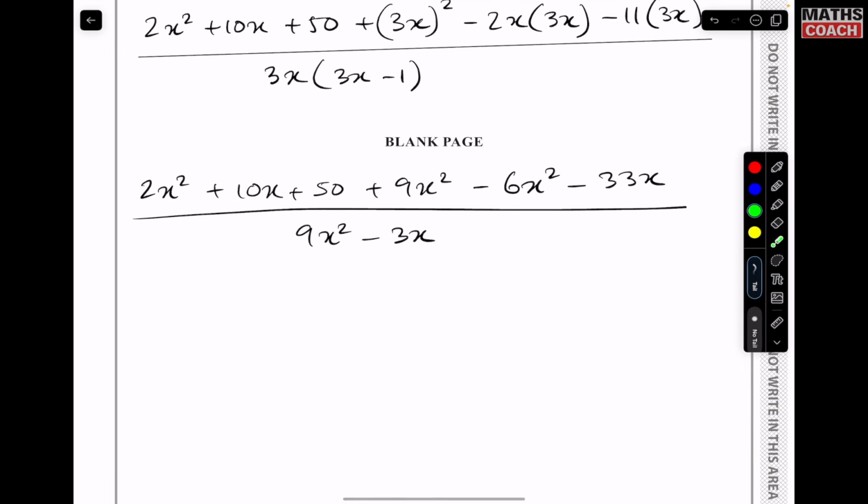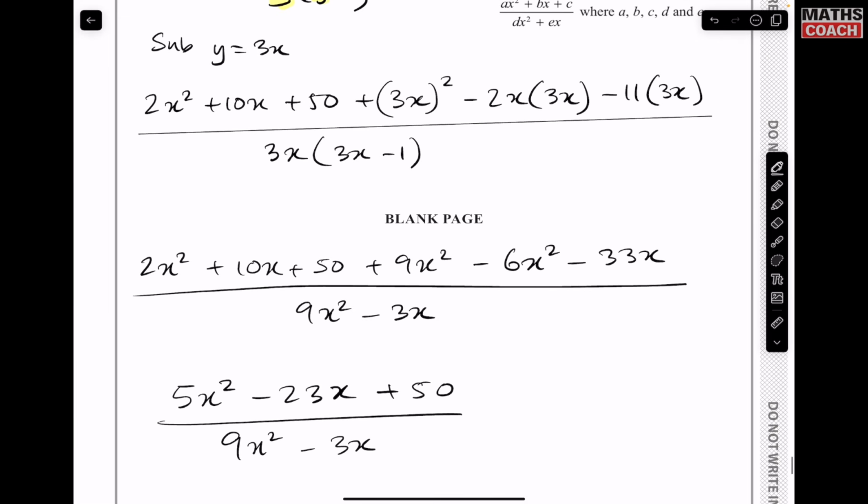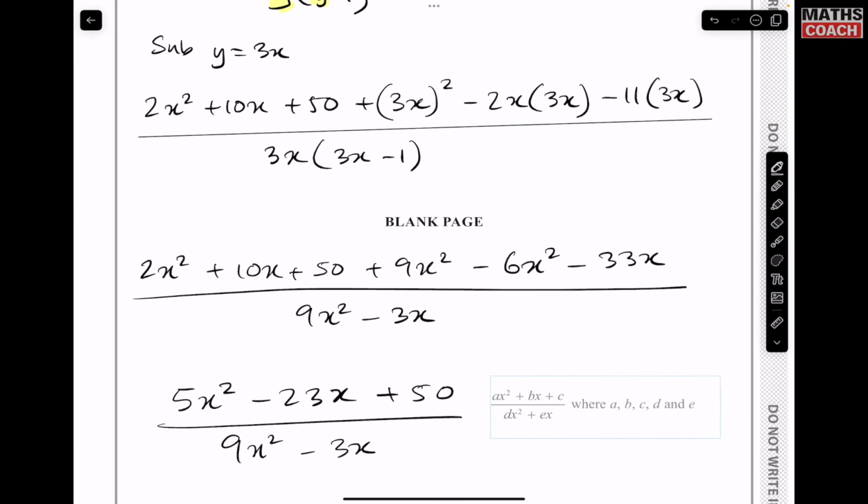So that's 11 minus 6, which is 5, so 5x squared, and then we've got 10 minus 33, which is minus 23, so minus 23x, and then we've got 50, so plus 50, all over 9x squared minus 3x. And there you go. That's the answer that it wanted us to have.